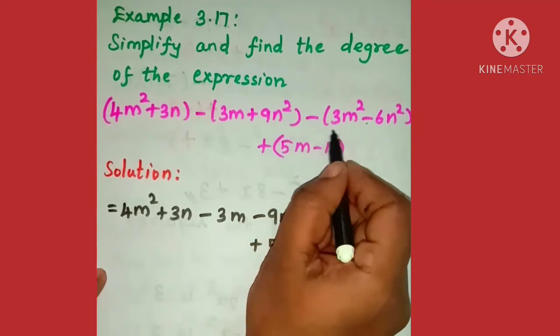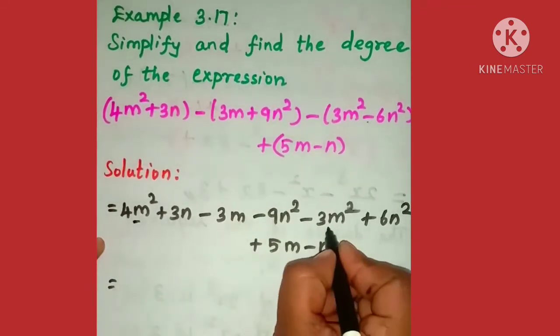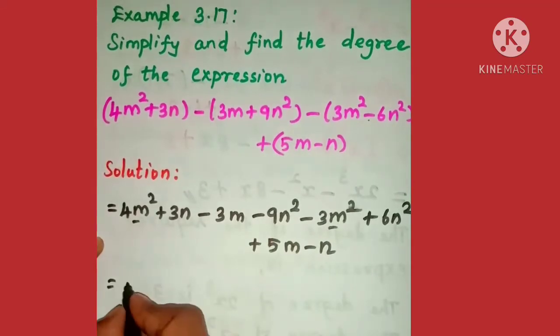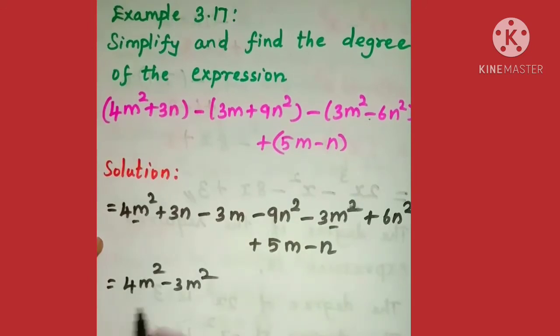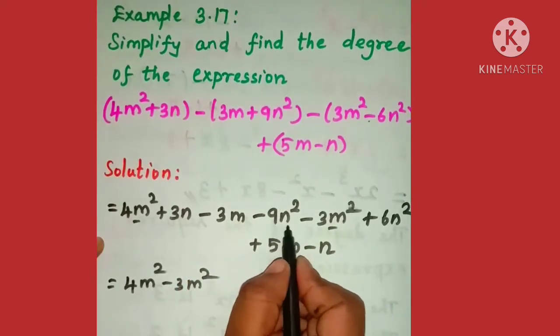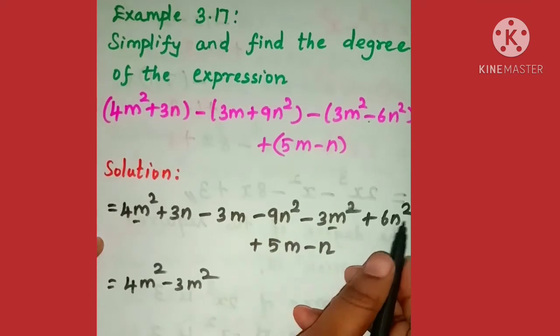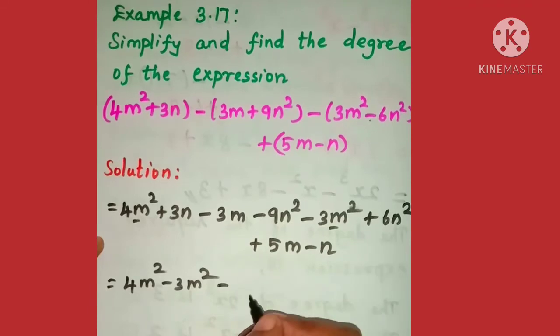So now students, group and rearrange the like terms alone. So here 4m square minus 3m square. So group them. And the second one is 9n square, minus 9n square plus 6n square. So we can group the like terms in n square.